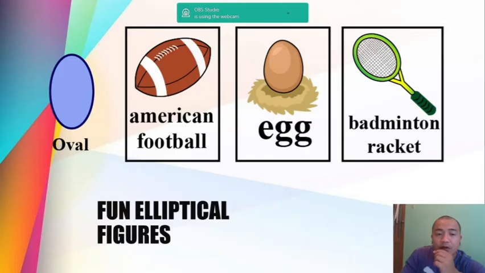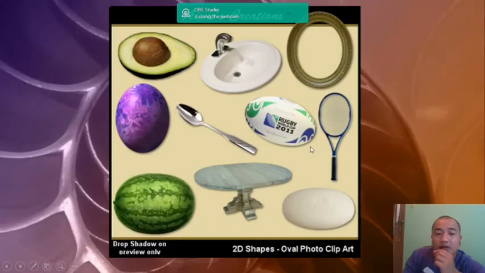So we have here fun elliptical features. We have the oval shape like an egg, American football, badminton rackets. Another, here are eggs, avocado, the mirror, rocket, spoon, table, watermelon, and eggs, right?